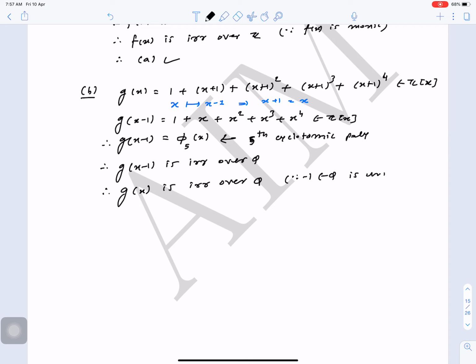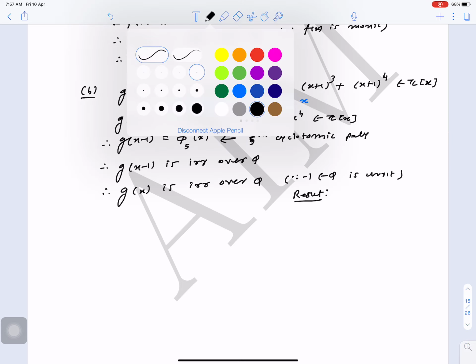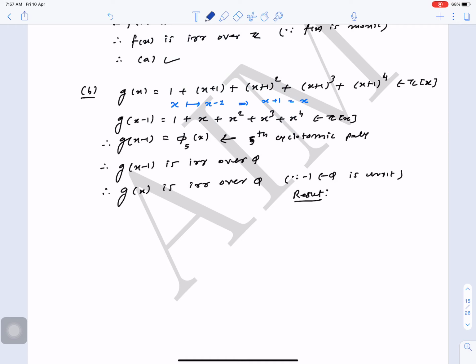is a unit, and we know the result, let me state the result here: f(x plus a) is irreducible implies f(x) is irreducible, where a belongs to F and it is non-zero.